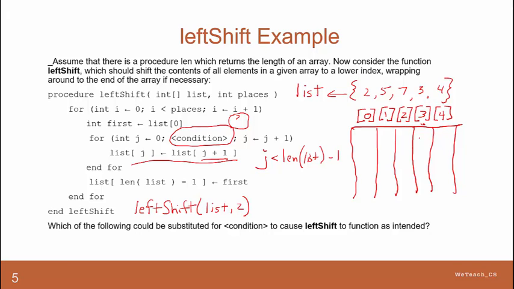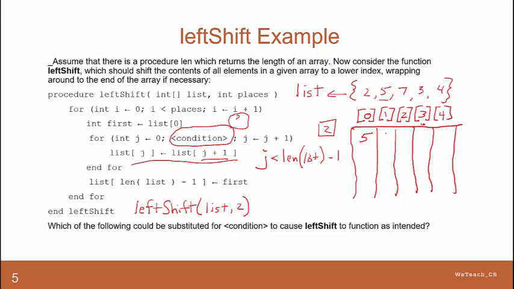Let's work through this call to see how all this works. First, we save the first value, the one in position 0, which is 2. Then the j loop does its work, going from position 0 to position 3, the next to last position, assigning to the current position the value in the next door neighbor position, j plus 1, achieving a single shift of the array.